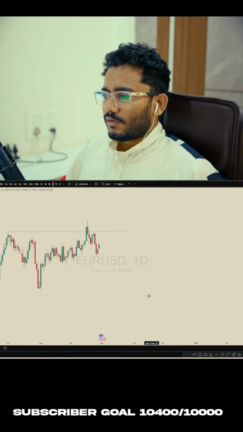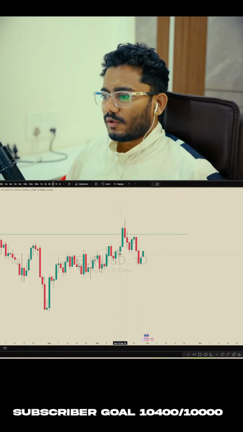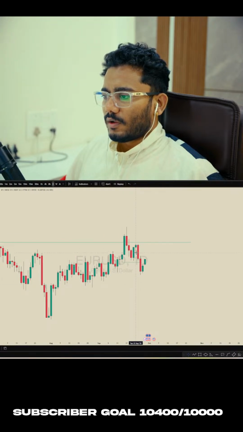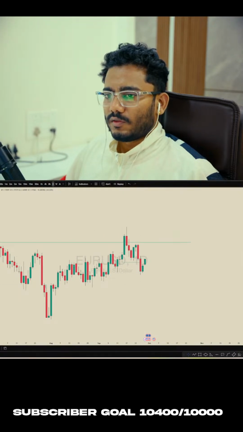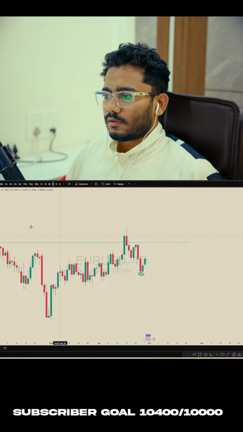So overall price is still bullish, and we have the structure break over here. Price broke the structure and created this new low. Right now it's going to the upside, but I think, so this is the fair value gap.